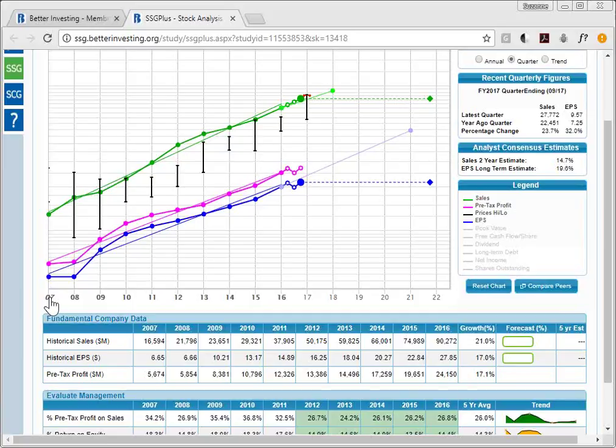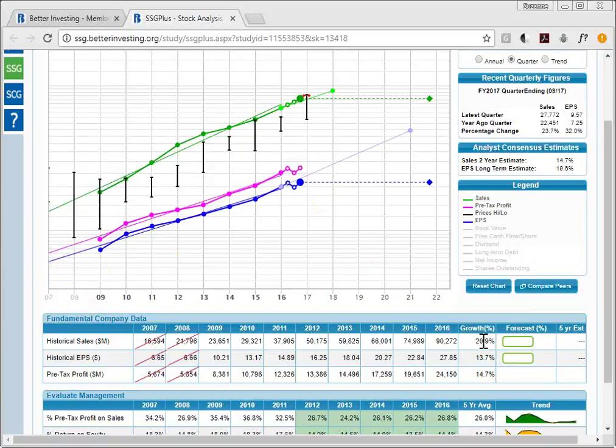By clicking on the chart, it grays it out and takes it out of the calculation. So we see our calculations for growth rates changing a bit. If I take out the last 2 years, now I have some pretty straight lines, and I see that the historical sales growth rate is still around 21%, and the historical earnings growth rate is about 13%.